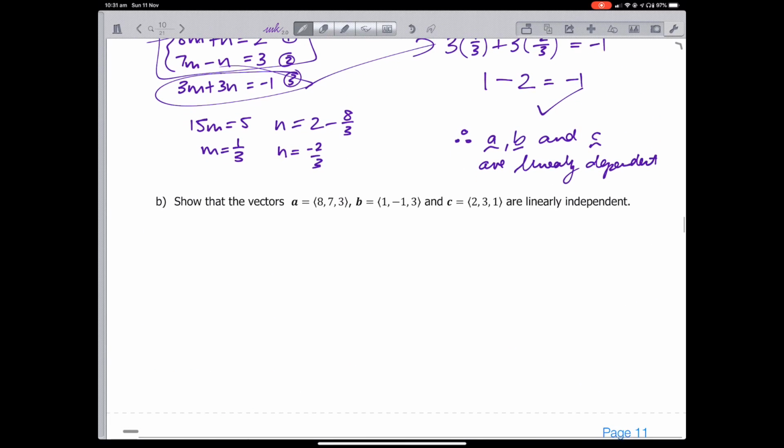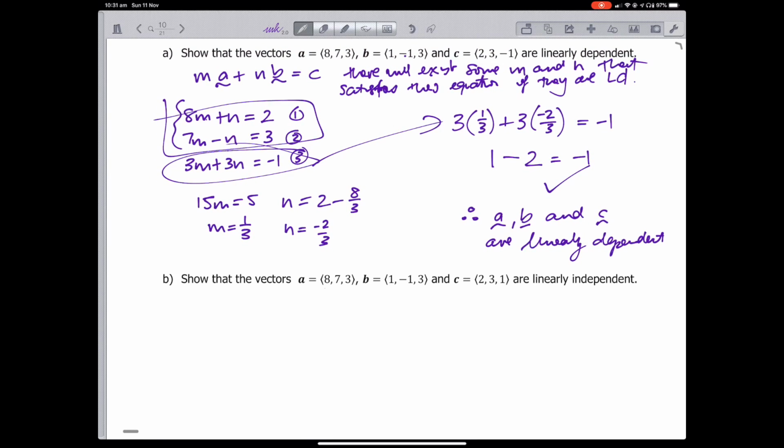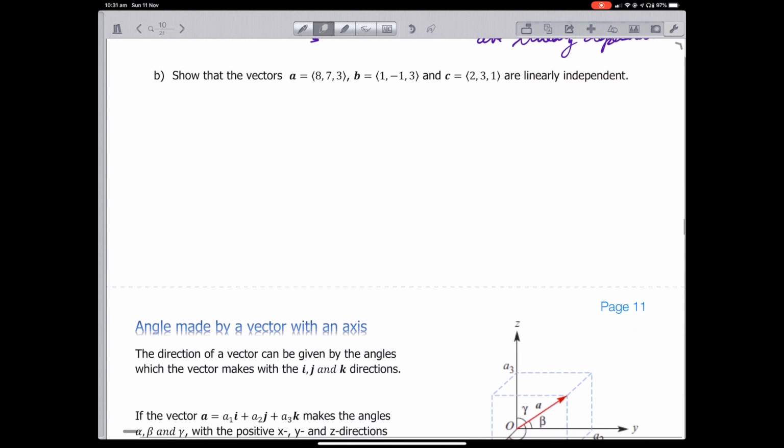Okay, show that these are linearly independent. Now if you have a look at this, notice the difference is this here. We know that they're going to be linearly independent because it's shot off in a completely different direction, which isn't going to lie in the same plane.